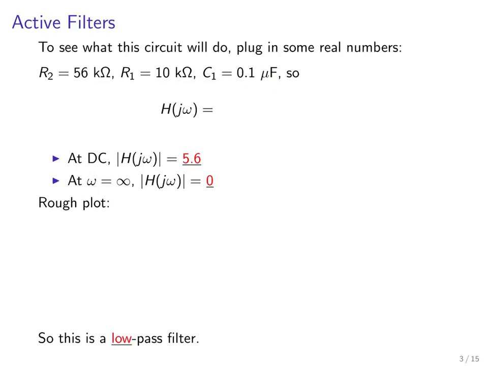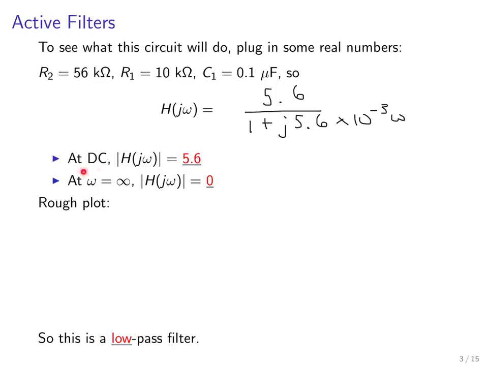So if we plug all this in and work out the math, we would get that the transfer function is 5.6 divided by 1 plus j times 5.6 times 10 to the minus third times omega. So that's still not totally intuitive, although we can see that it is a low-pass filter.